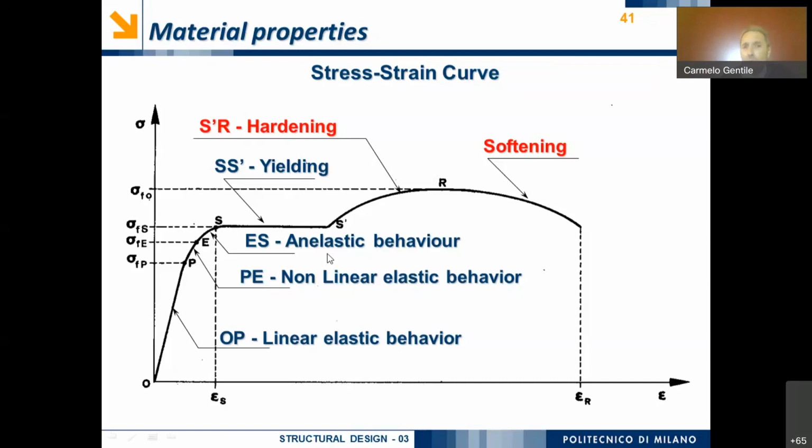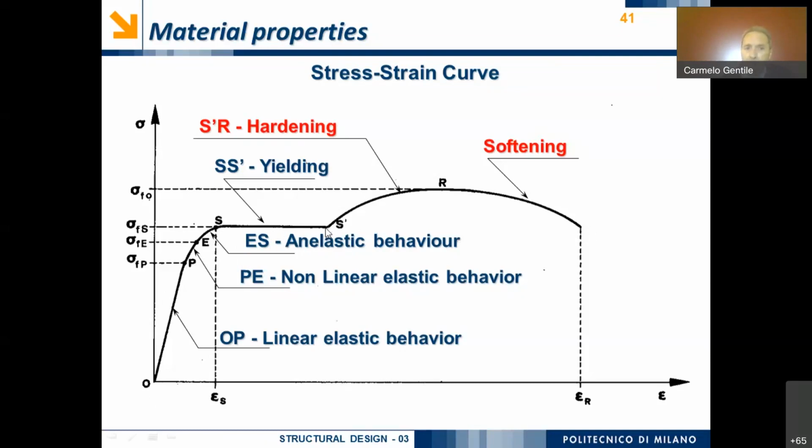After yielding, of course, there is the so-called hardening, increasing, and softening part of the curve. After point E, when there is an unloading, the unloading is inelastic, and so it happens in a parallel way to the straight line OP.